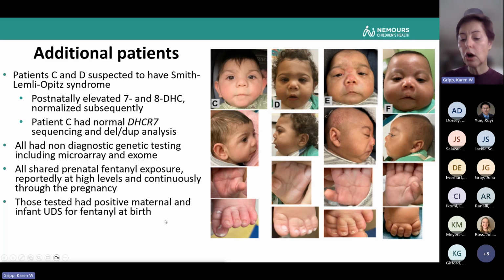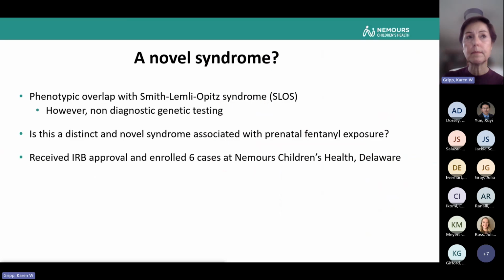However, they all had a notable exposure to fentanyl throughout their pregnancy in the context of a maternal opioid use disorder. So we asked ourselves if we had possibly identified a new syndrome. We were also puzzled by the fact that these patients all showed a lot of findings that made us first think of a condition called Smith-Lemli-Opitz syndrome.